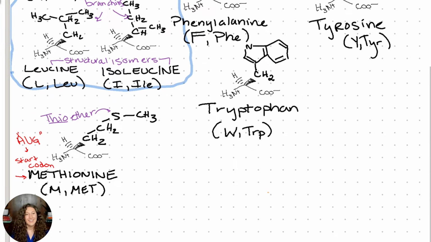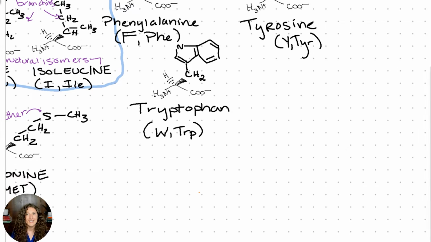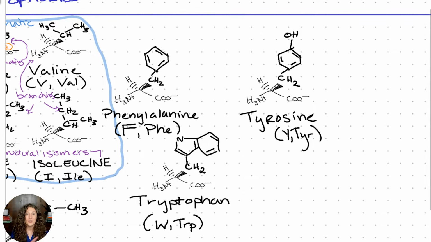Okay, we did methionine. Now let's move over to our next set of amino acids, which includes our next subgroup. This subgroup is our aromatics. Aromatics is another organic term that refers to a planar ring structure that has aromaticity, which is also known as conjugation, where we have alternating single and double bonds that can move.